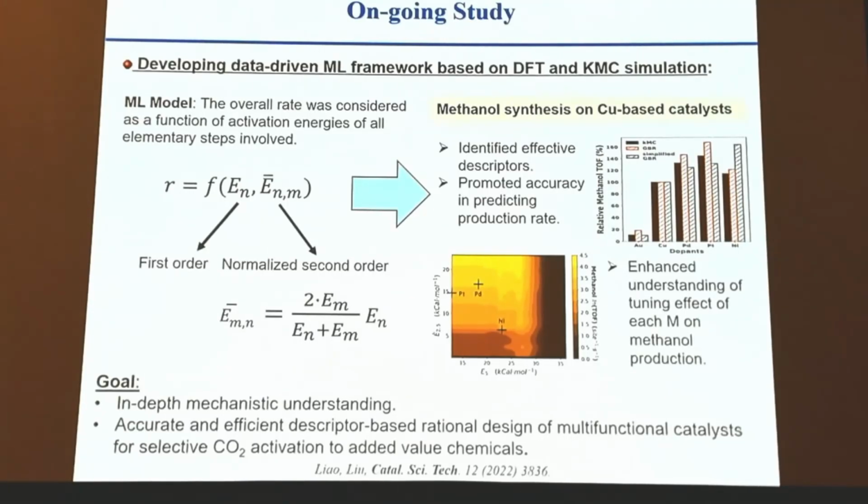We find that these descriptors can be very effective, and using them we can estimate the rates, or in this case the methanol activity, and the accuracy is much higher than the typical first order derivative methods using sensitivity analysis and degree of control. More importantly, we can go beyond a mathematical model, which is typically what is done in machine learning. We can do the analysis for the descriptors and try to find out the role of each descriptor and how the descriptors interact with each other to give rise to the behaviors you observe in the experiments.